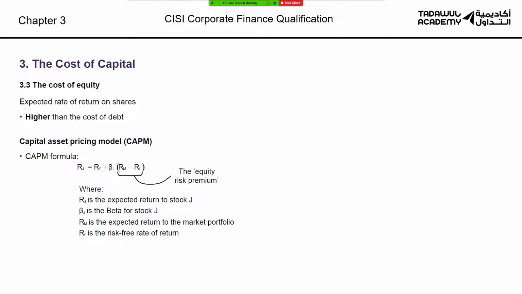The cost of equity is the expected return of a certain investment. So if you have two companies, two shares, A and B, the beta is the measure of risk. In chapter 1, we studied standard deviation.